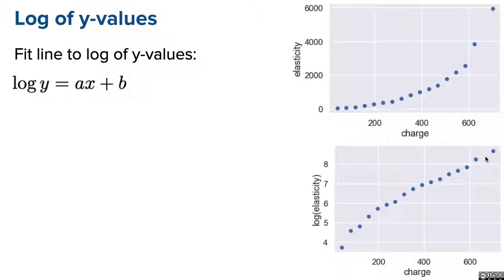And so if there's a linear relationship when we take the log of the y values, that's equivalent to saying that the log of y is equal to ax plus b. That's implying the log of the y values has a linear relationship with x. And we can take the exponent of both sides, e to the power of both sides, do some manipulation here, and we get back y is equal to some constant times e to the power of something times x, which is an exponential model.